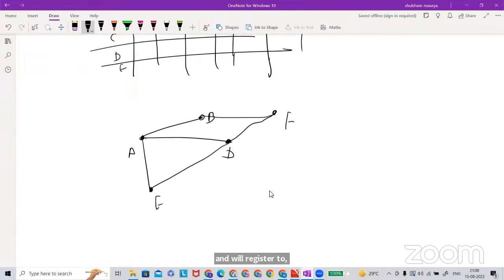If you start searching from A, we have three vertices here, so either we can go this way or this way or this way. So this is BFS, and DFS has a different algorithm, which we'll discuss later.